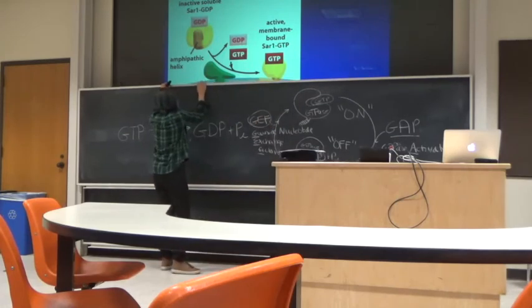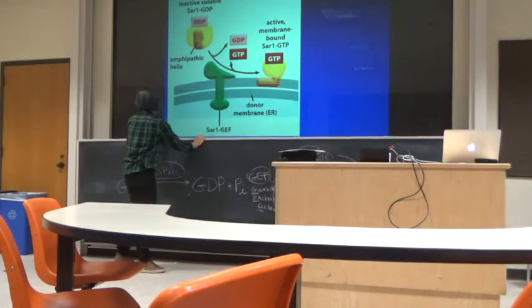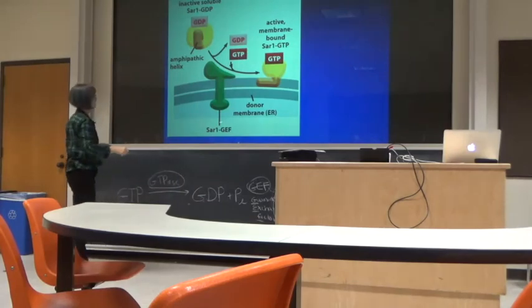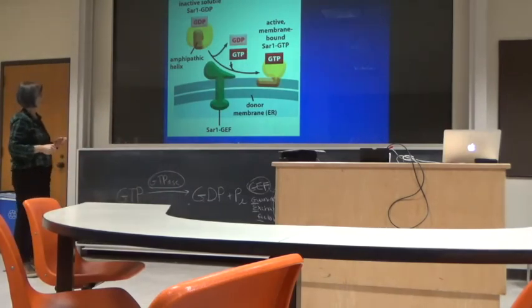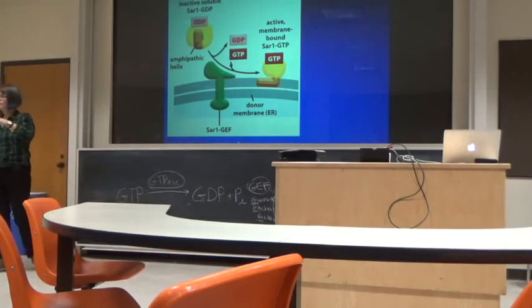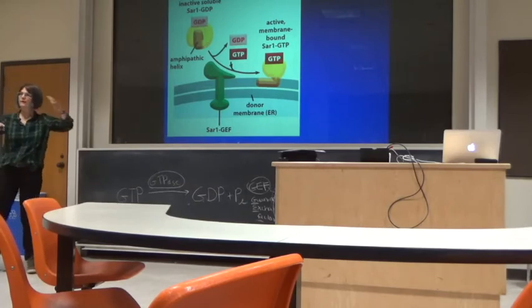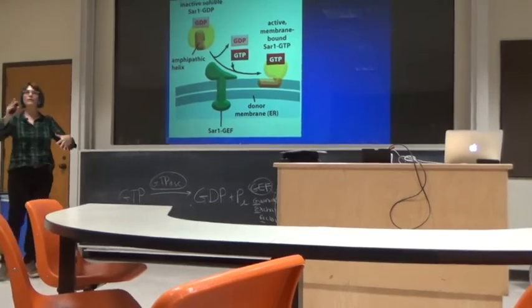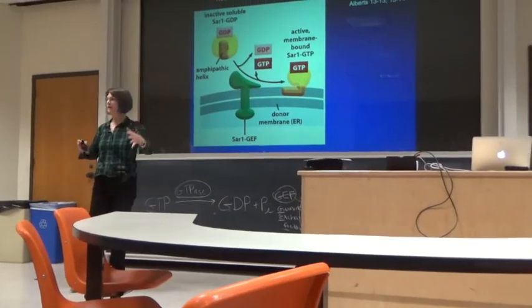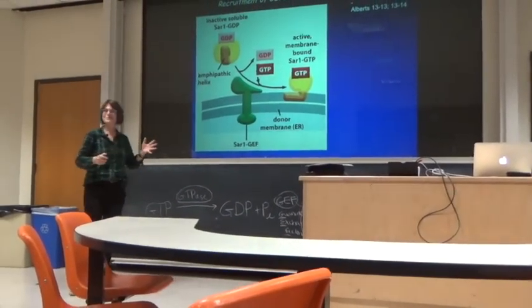So if we place the SAR1 GEF right here on the ER membrane, and then we have SAR1 in its GDP-bound form, this amphipathic helix is hidden, and so it's a soluble protein floating around in the cytoplasm, along with all the other coat proteins and everything like that. So it's just floating around, minding its own business.